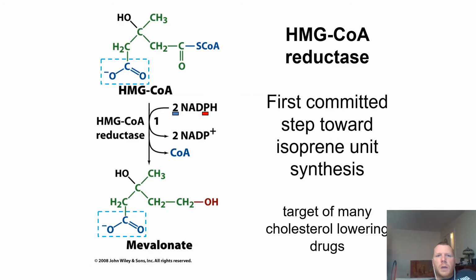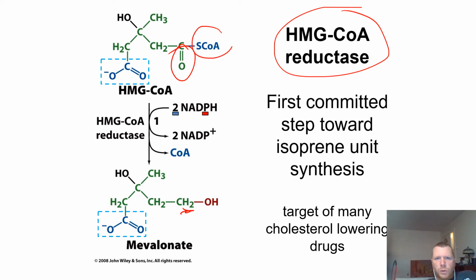Okay, so in order to do that, we have this enzyme HMG-CoA reductase. Now, HMG-CoA reductase is going to use NADPH, 2 molecules of NADPH, and we are going to be replacing this carbonyl oxygen with a pair of hydrogens, and we're going to have to remove this coenzyme A in order to put an OH on there.